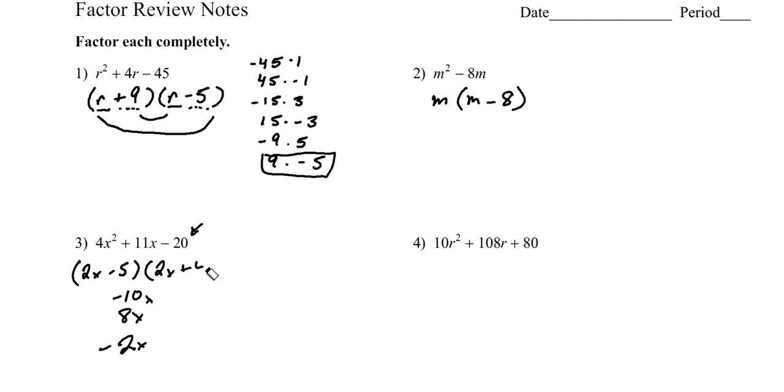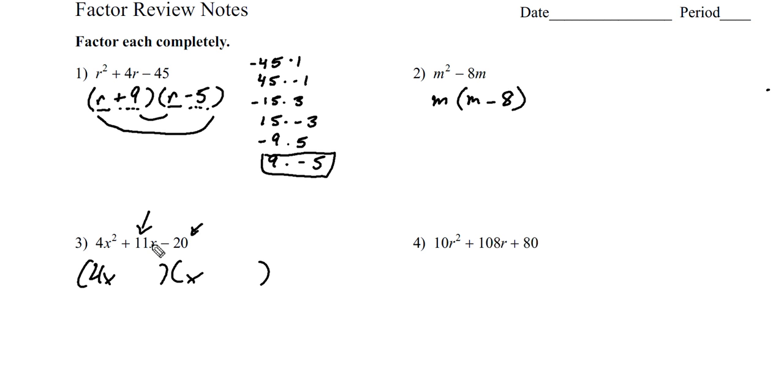Let me erase what I've got here. So now that tells us that one is 4x and the other one's got to be x. That's how we get our 4x squared. And now we look at those possible combinations again. If we use some of our mathematical understanding here, remember, this middle term is positive 11x, and this last term is negative.